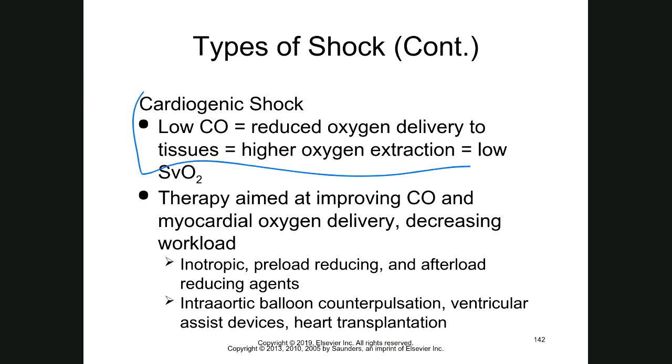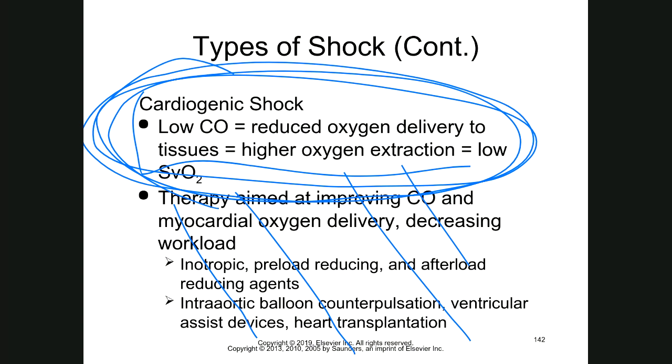Obviously, you have a lack of oxygen delivery to the tissues, higher oxygen extraction, and low peripheral oxygen. And therapy here is to improve the cardiac output, myocardial oxygen delivery, and decrease the workload. But I will not go with this because it's more treatment. What I want right now is that you can tell me what happens in the cardiogenic shock. What is the result of that cardiogenic shock in that patient?